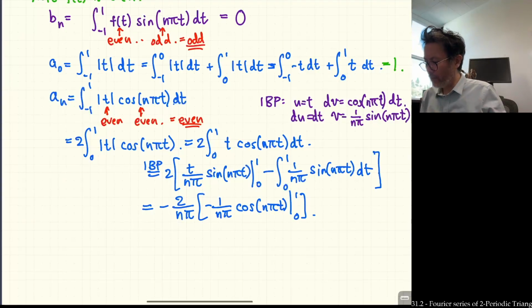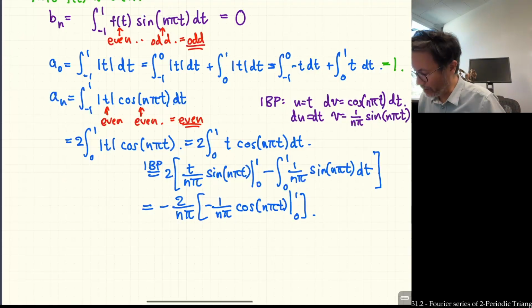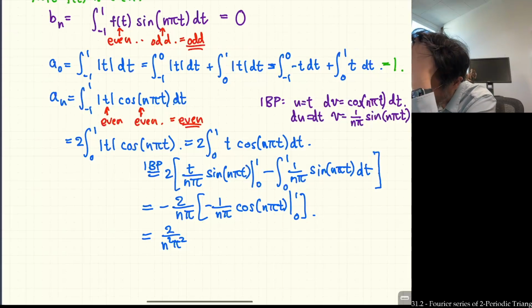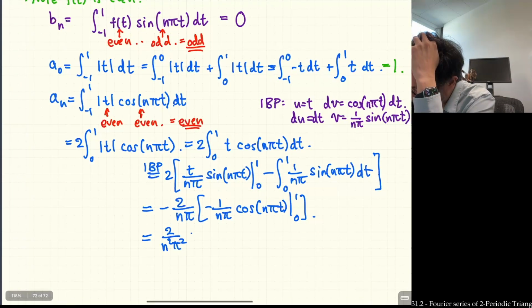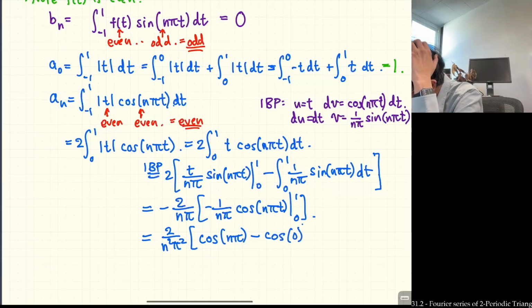We move that negative 1 over n pi out right away, because we like marrying negative signs, at least while that's legal. That gives us 2 over n squared pi squared. Neat. And then we have here cosine of n pi minus cosine of 0.